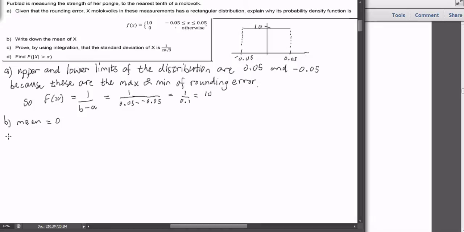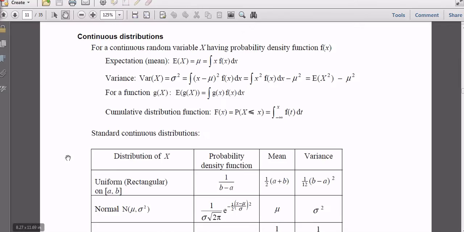Good. Part C asks us to prove by using integration that the standard deviation of x is 1 over 20 root 3. Now, if we again look at the formula book, we can see that the standard distributions, the uniform distribution, we're given the variance, a 12th of b minus a squared, but the question is asking us to prove it, so we can't use this result.